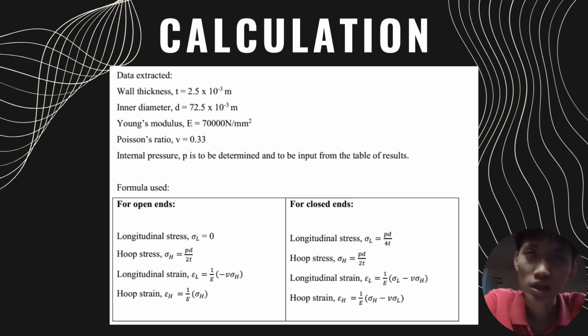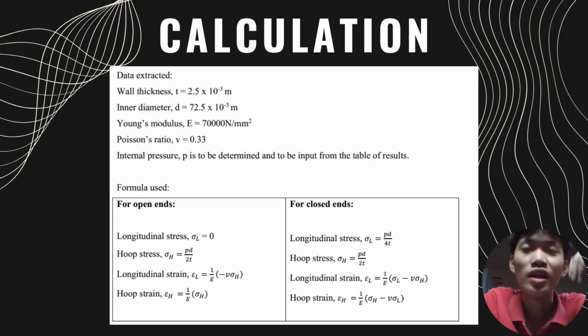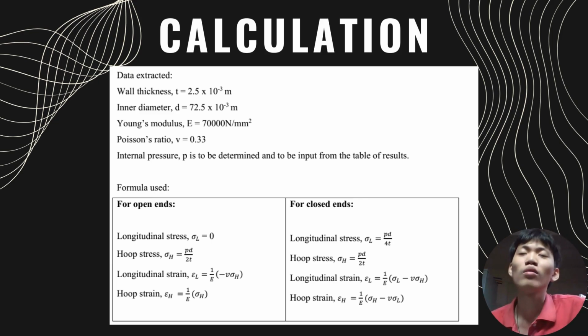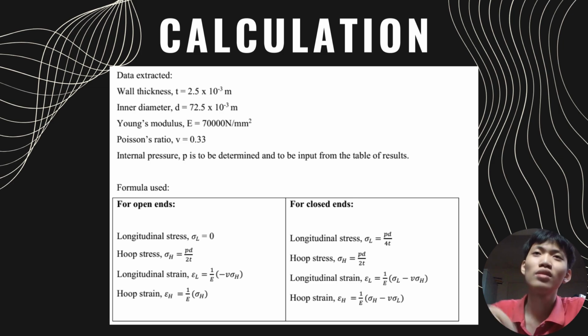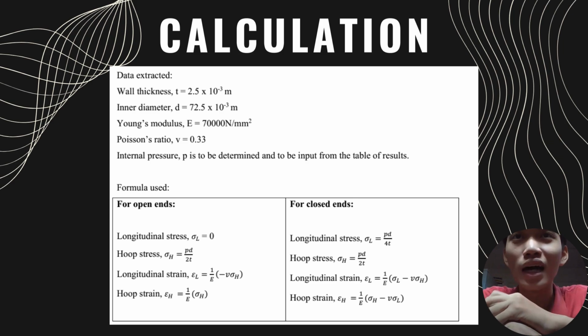For calculation, we will be calculating the hoop strain and the longitudinal strain. To get both strain values, we have to know the hoop stress and the longitudinal stress first. So we will talk about the data extractor first. For each value, we have assigned data.